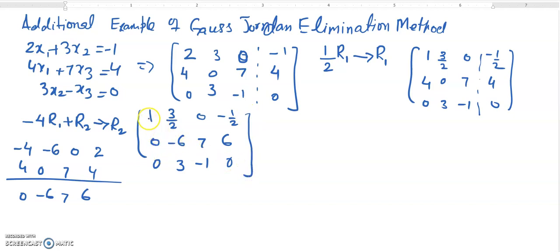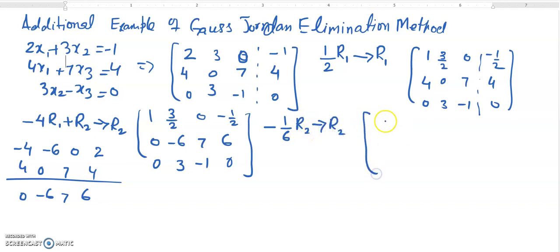Okay, so all the terms are 0 under this leading term. Now for the Gauss-Jordan elimination method, this second leading term should be 1. So what I will do is divide the second row by -6, and that will be the new second row.